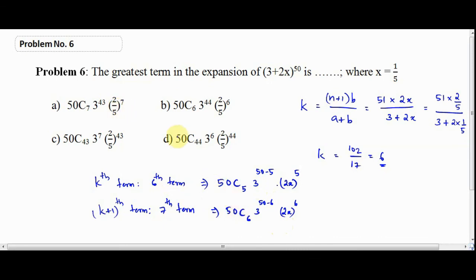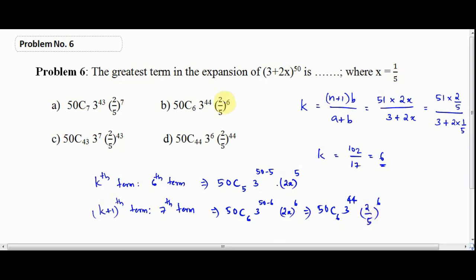We may check the options now. Here we have 50C6 into 3 raised to 44 into (2 by 5) raised to 6. So here it matches with this term: 50C6, 3 raised to (50 minus 6), that is 44, 3 raised to 44 into, since the x value is given as 1 by 5, 2x may be replaced with 2 by 5, (2 by 5) whole raised to 6.